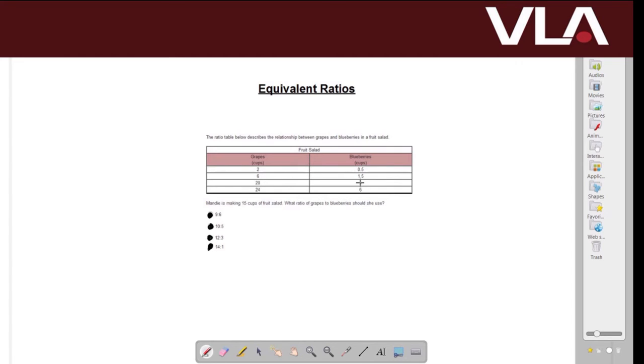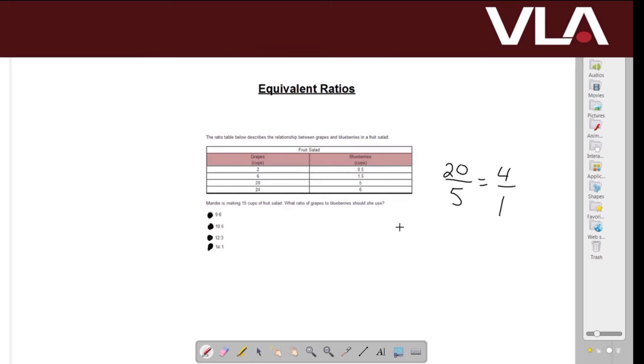I'm just going to take 20 over 5, and I'll take 20 divided by 5, and I'll get my ratio for this problem. Hopefully you can say that that's 4 over 1. I'm going to have 4 times as many cups of grapes as I do blueberries. That's a 4 to 1 ratio.